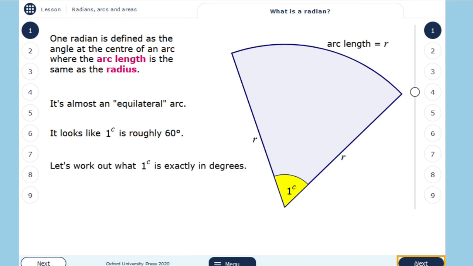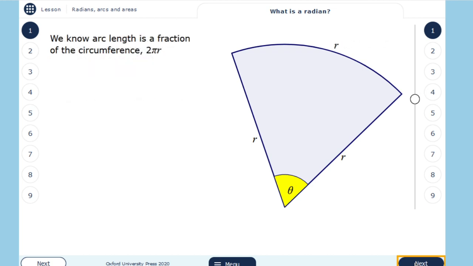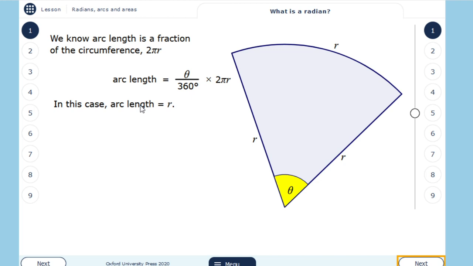Let's work out exactly how much it is in degrees. We know that arc length is a fraction of the circumference, 2πr. The length of the arc is theta over 360, the angle, times 2πr. In this case, the length of the arc is r.